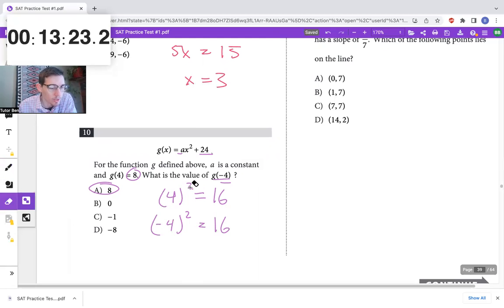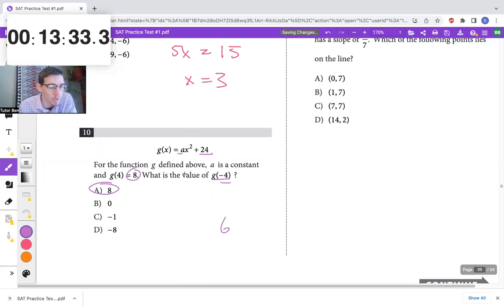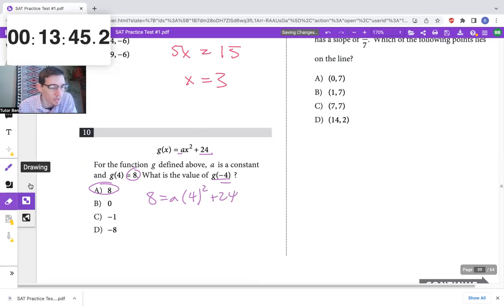Now, if you wanted to confirm this with a little bit more certainty, what you can do is you can plug in 4 and 8 for x and y. So 8 equals a times 4 squared plus 24. And you can solve for a. So this is going to be 16.